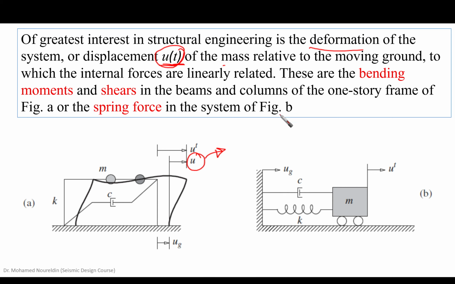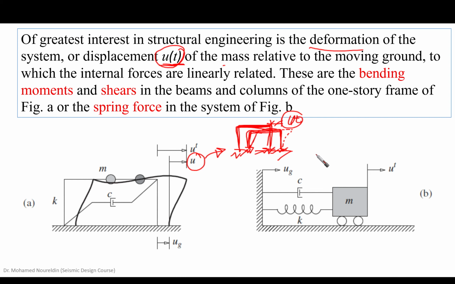Because if we have a system like this, and then there is a ground excitation and the system moves exactly as a rigid body motion, then nothing happens to the system. It is the same, only moved with this u total, but there is no deformation of the system itself.